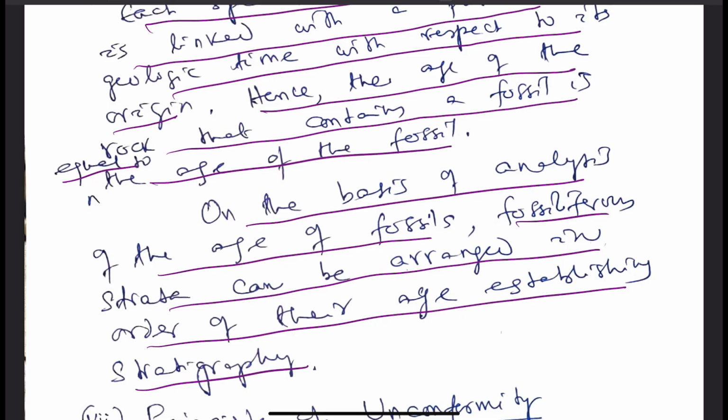So, fossiliferous strata, particularly from Paleozoic onwards, are identified and their ages are determined on the basis of their fossil content. So once the age of the rock strata is determined, it is possible to arrange them in order of their age or to build stratigraphy.